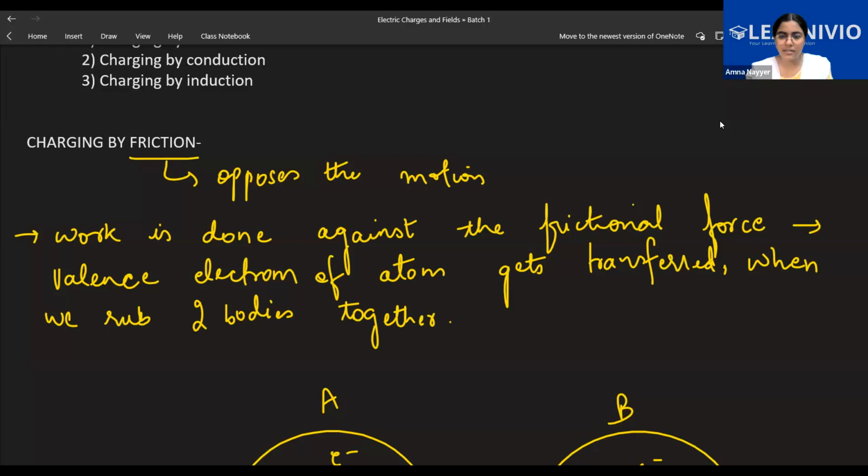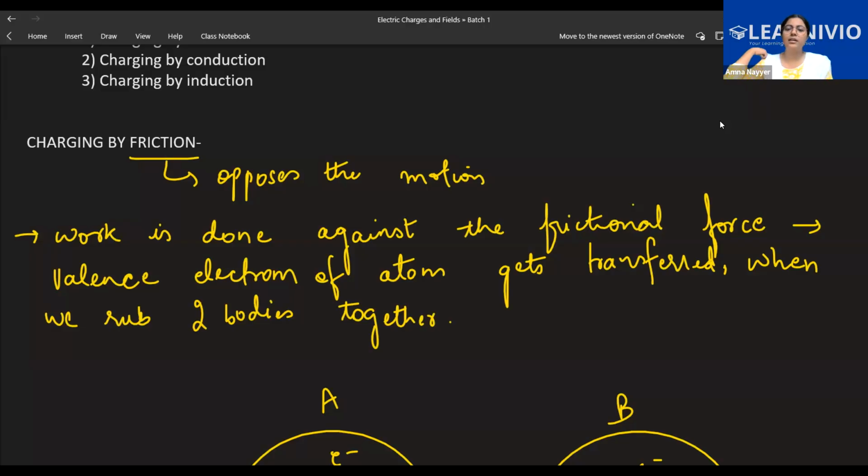Yes, Ali, right? So in charging by friction, basically what happens? How is the frictional force generated? Like you were mentioning, because of contact between two objects. If I have two spheres and I'm rubbing them against each other, because of interlocking and the irregularities present, a frictional force is generated. So work is done against the frictional force.